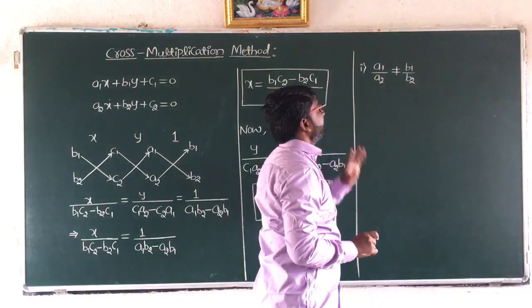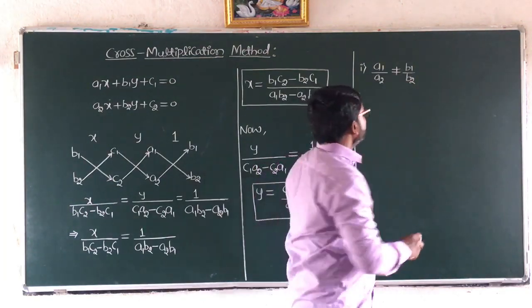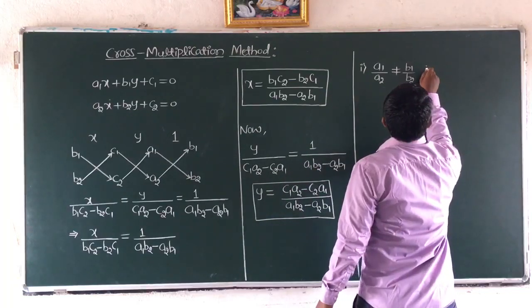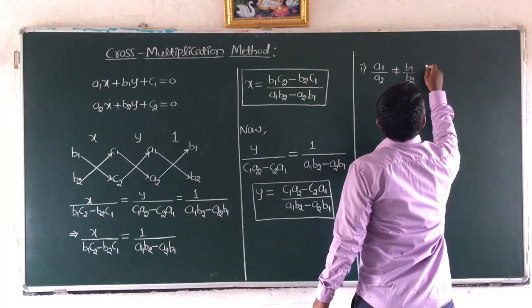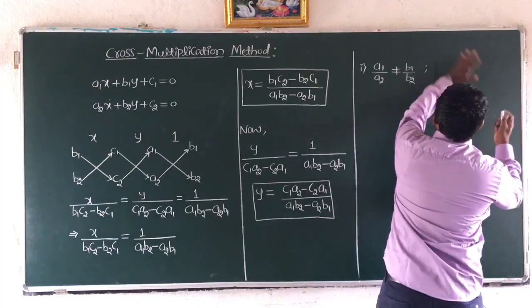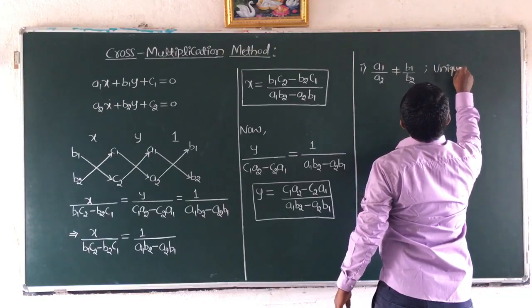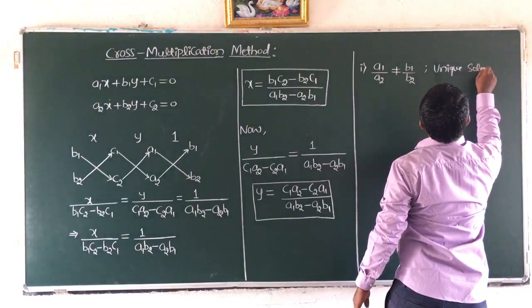If this is the condition, then the two lines will intersect at a point, so we have a unique solution.